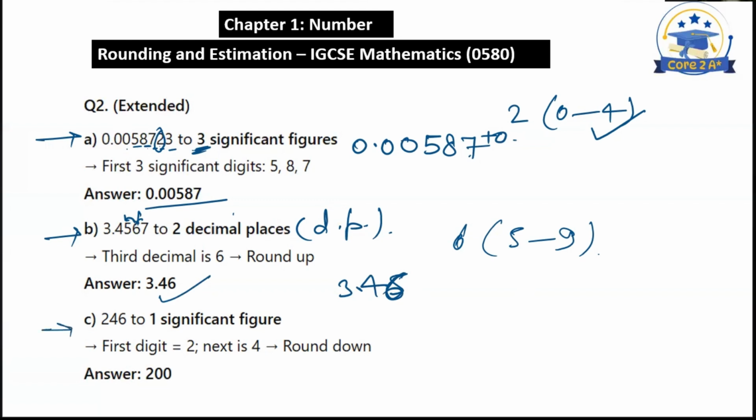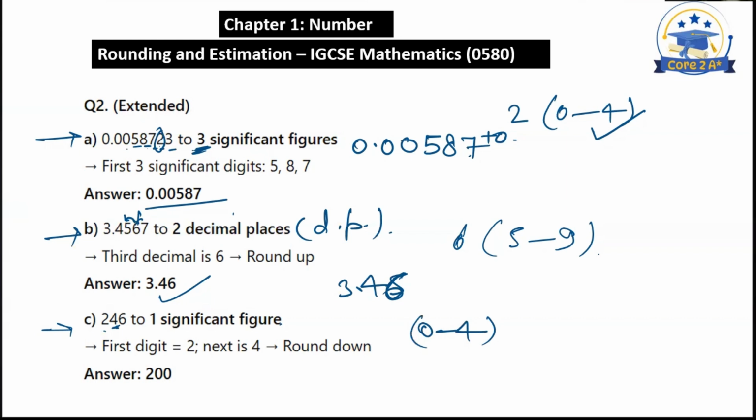And in the next, 246 to one significant figure. The first digit is 2. The next is 4. 4 is from 0 to 4, right?